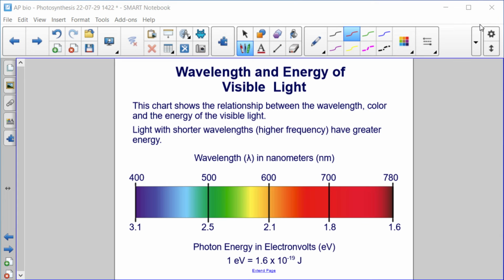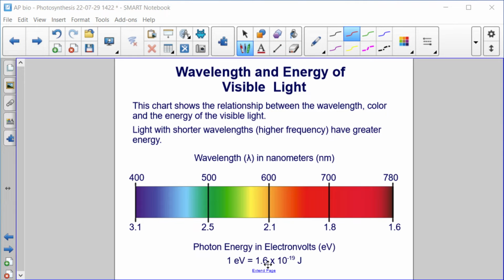This chart shows the relationship between wavelength, color, and the energy of visible light. Light with shorter wavelengths has higher frequency and greater energy. So I talked about this a little bit on the previous slide. The purple light on the far left at 400 nanometers has an energy of 3.1 electron volts.